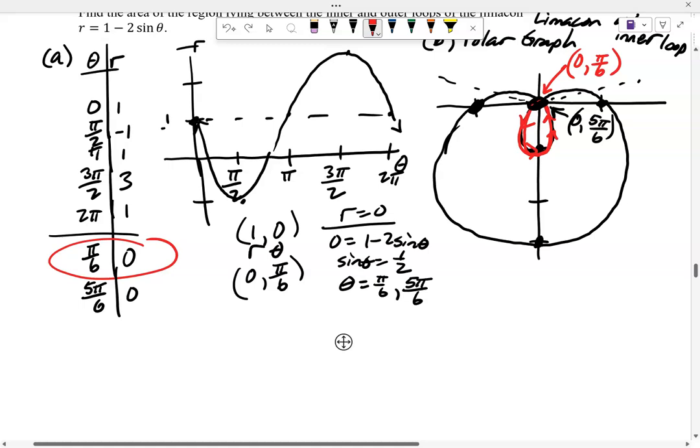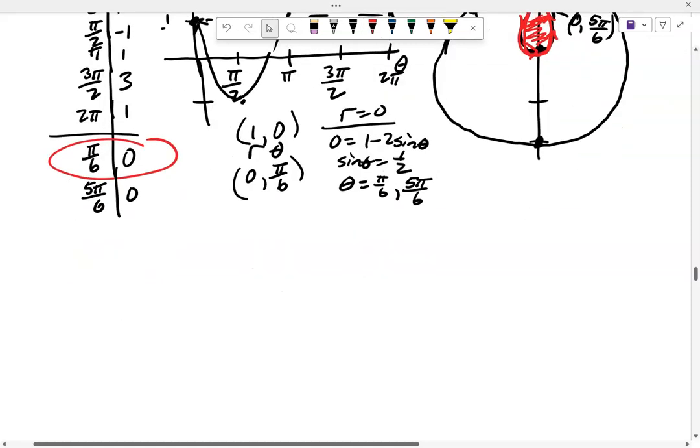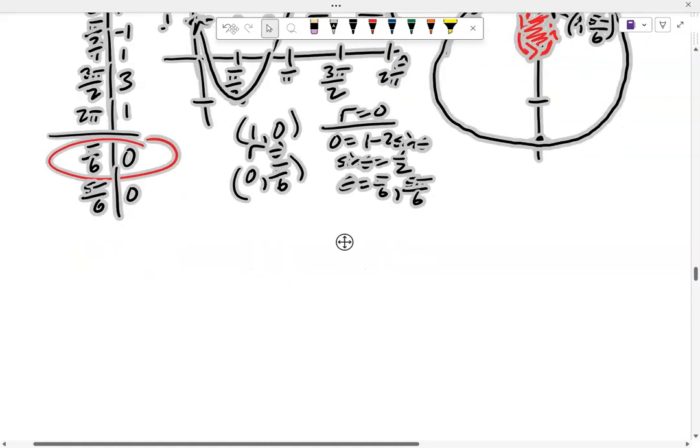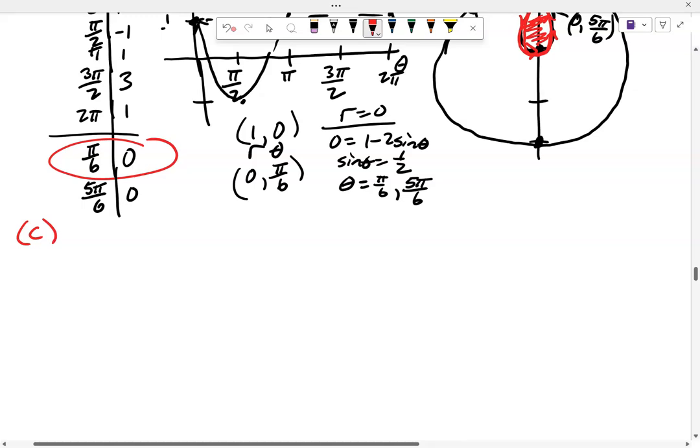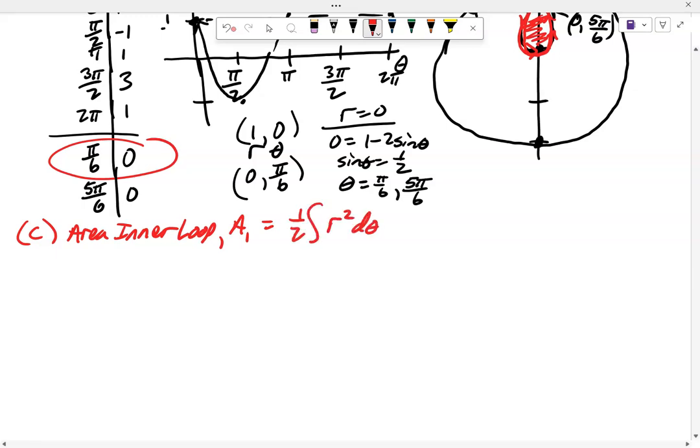Okay, so let's do the inner loop in red first, the area of the inner loop. Part C, area of the inner loop, I'll call it A1. So I've got 1/2 r squared dθ from alpha to beta.